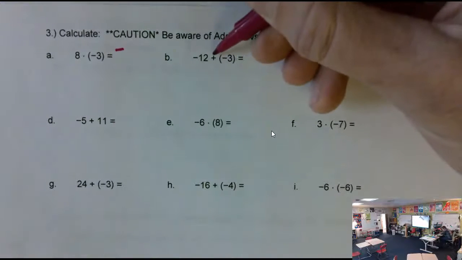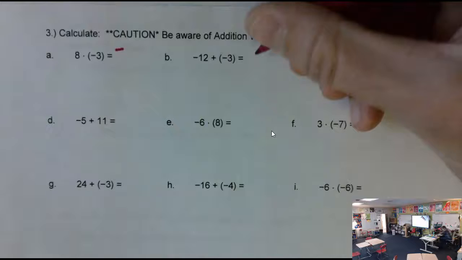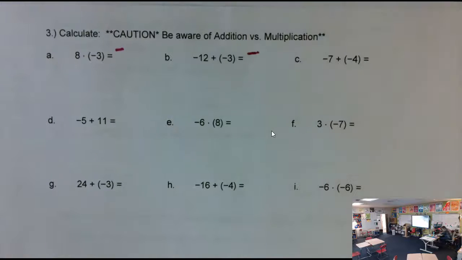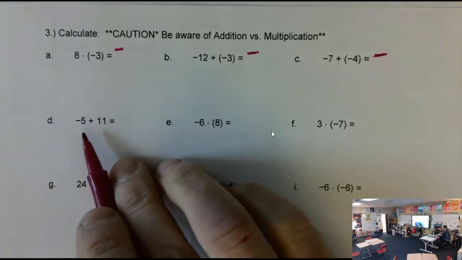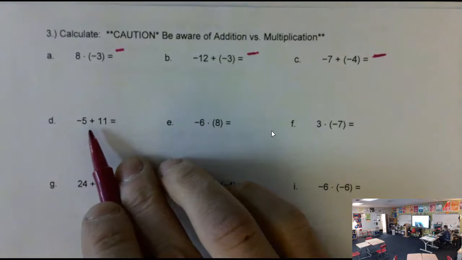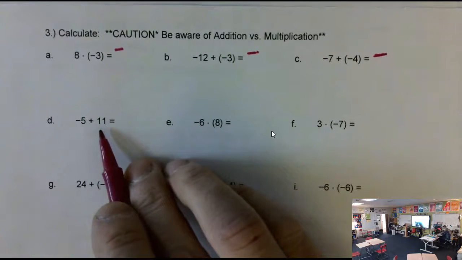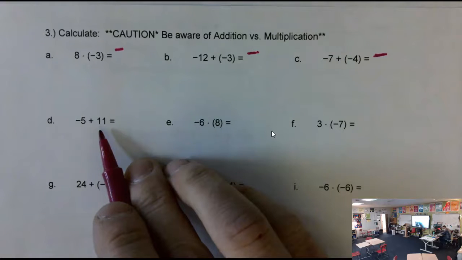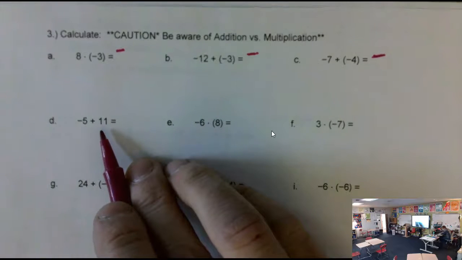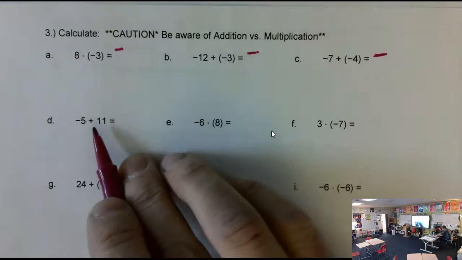A negative, when added with another negative, makes a bigger negative. So that's going to be negative also, and so will C. But then, in D, a negative plus a positive, we have to analyze which number is bigger to figure out positive or negative. So I'm going to come back to that one actually.